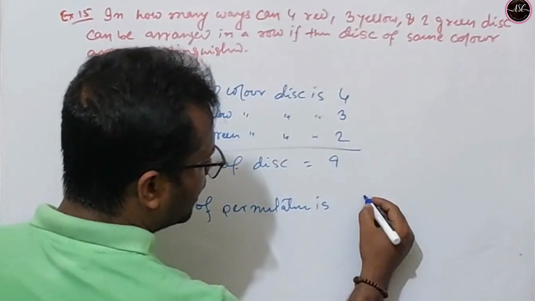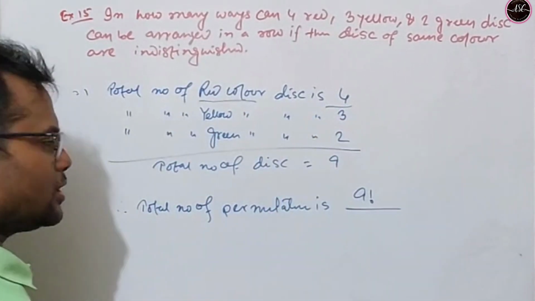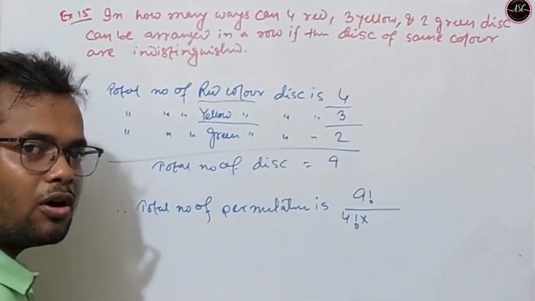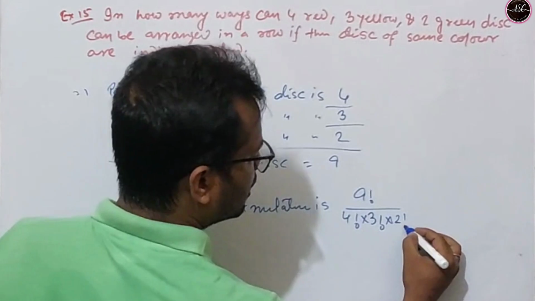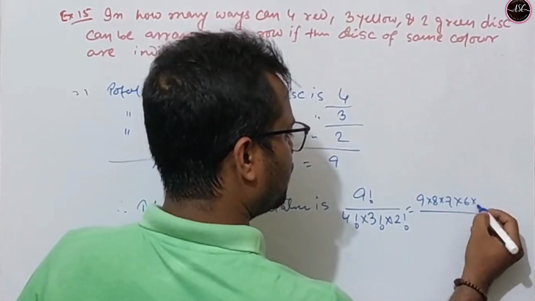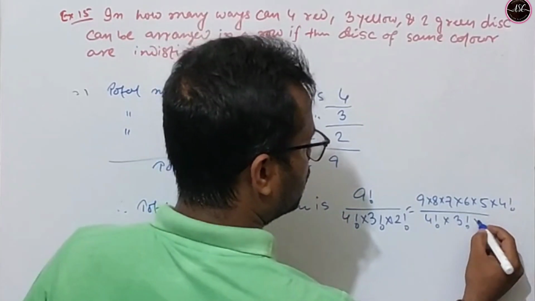The required number of permutations, therefore, is 9 factorial divided by 4 factorial, since red occurs 4 times, into 3 factorial, since yellow occurs 3 times, into 2 factorial, since green occurs 2 times. Just solving this, 9 into 8 into 7 into 6 into 5 into 4 factorial divided by 4 factorial into 3 factorial into 2 factorial.